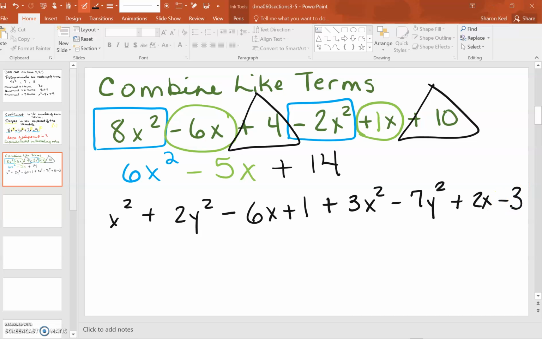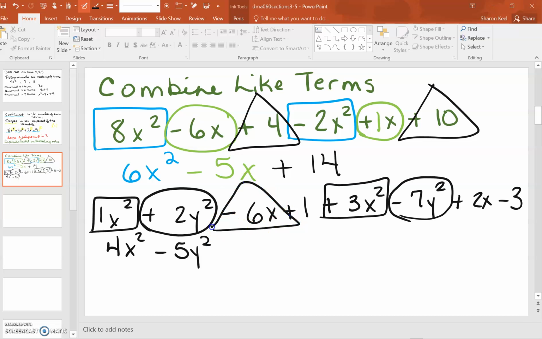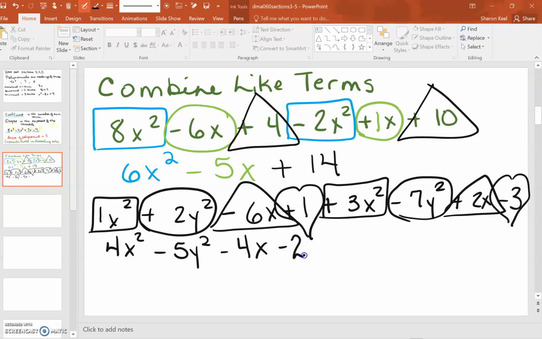Okay, so if we have this, we're going to combine a 1x squared with a 3x squared. That's going to give us 4x squared. We have a 2y squared and a minus 7y squared. 2 minus 7 is negative 5y squared. Negative 6x plus 2x is negative 4x. And last, a 1 minus 3 is going to give me a negative 2.